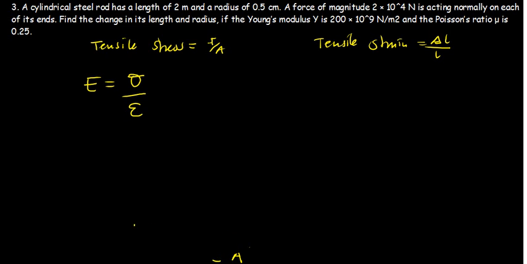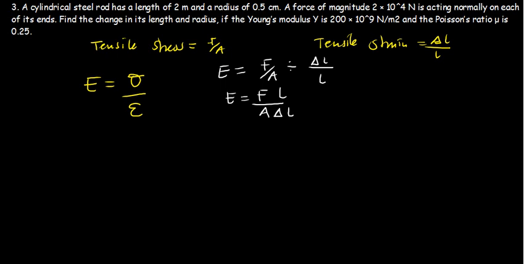Let me write it on top so that we have enough space. I'm saying E is given by force over area divided by change in length over the actual length. So E is going to be force multiplied by length divided by area times change in length.